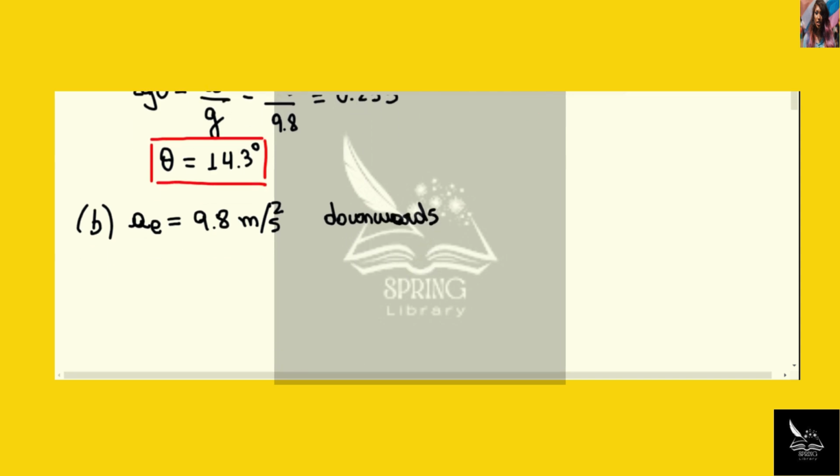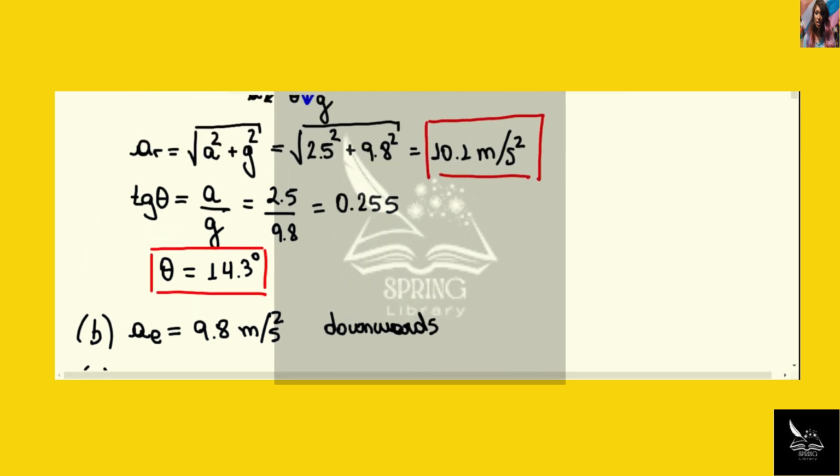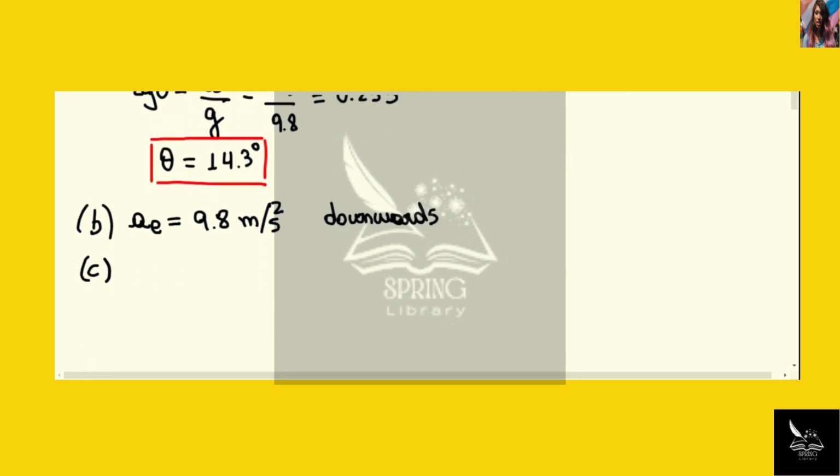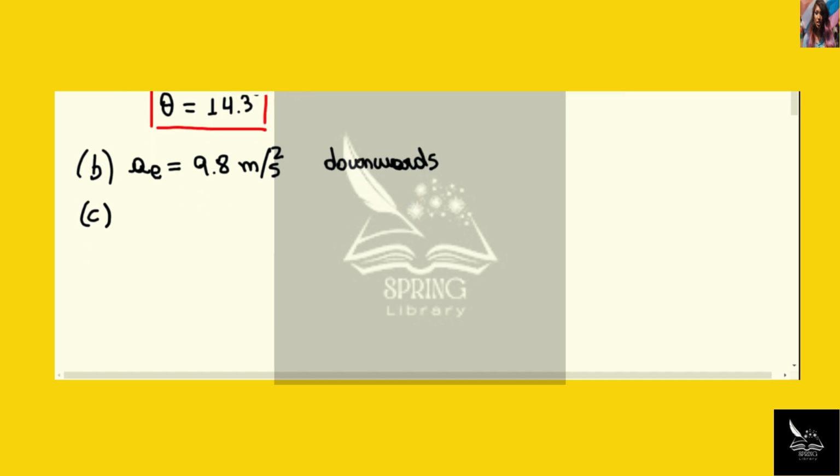In question C, we have to describe what is the trajectory of the bolt with respect to an observer inside the train car.